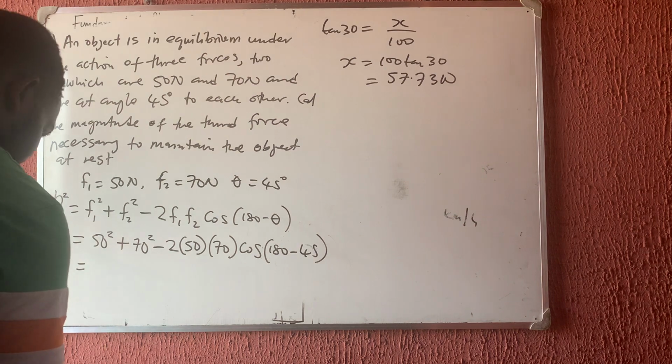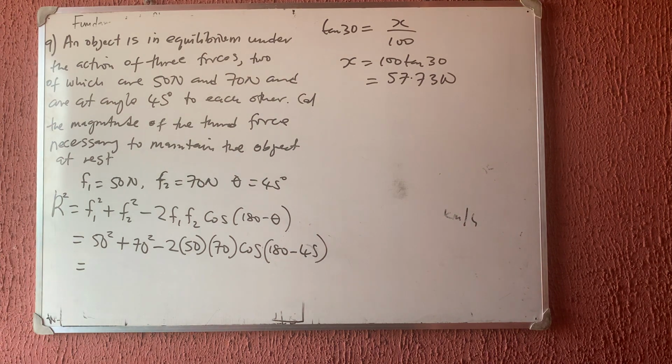Let's do that. 50 squared plus 70 squared minus 2 bracket 50 bracket 70, then cos 180 minus 45.